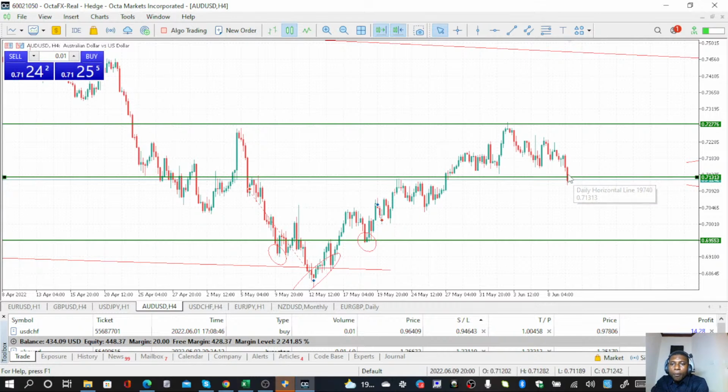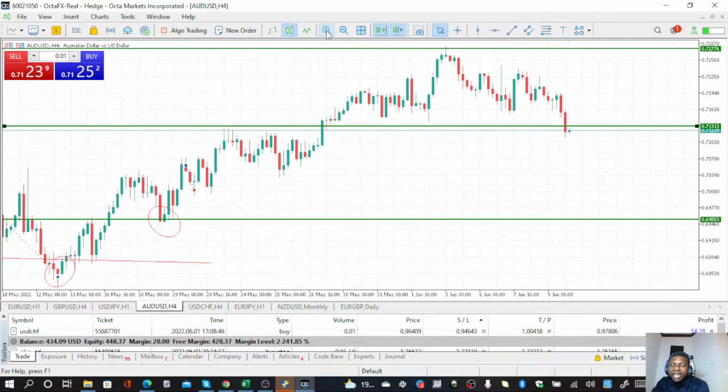But what we are currently seeing here is a weak support level. As you can see here, look at it, it is a weak support level. Let me take this. Good. You see that? It's a weak support level.